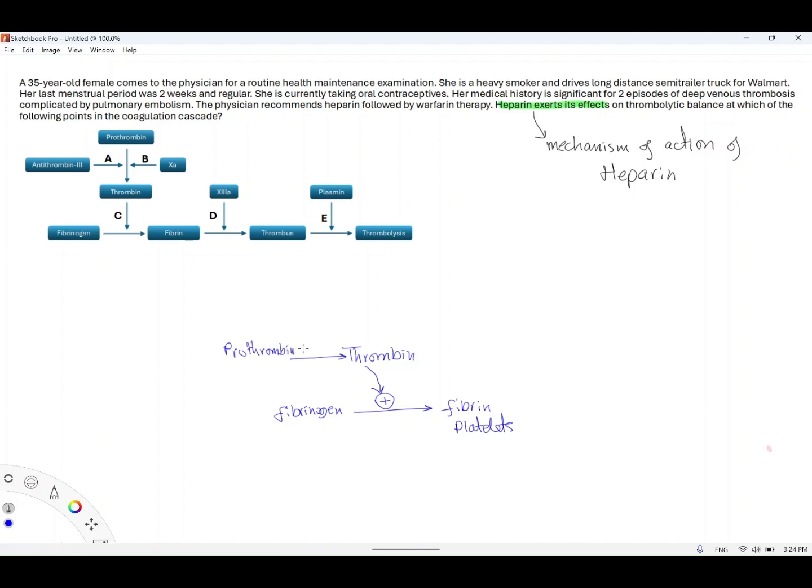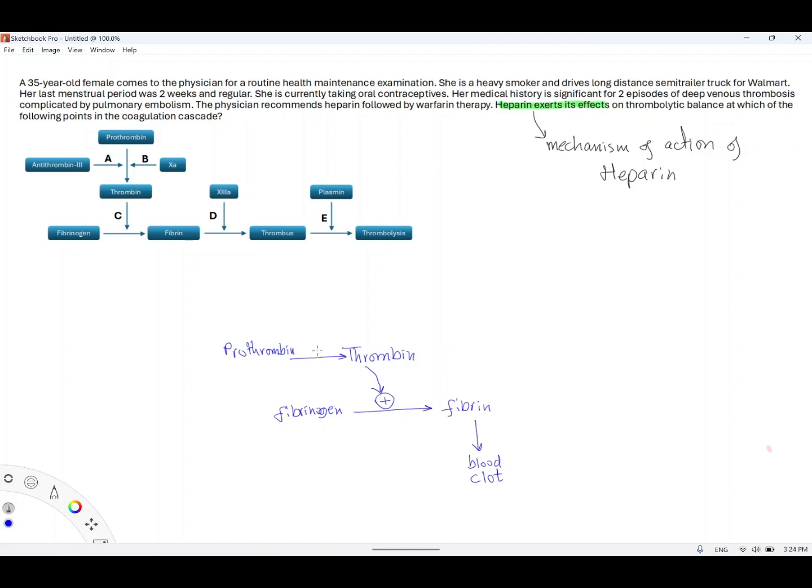So this is the side where we have thrombus formation, or clot. Fibrin then participates to make a blood clot. So prothrombin is converted to thrombin, and then thrombin activates fibrinogen into fibrin, and fibrin can participate in blood clot formation.